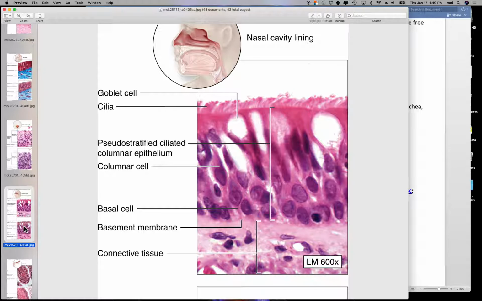So how do you name this tissue? Well, nobody can agree on what order the words go in, so I don't really care. I usually like for you to use all four because it tells you everything you need to know. Ciliated, pseudostratified, columnar, epithelium. I don't care what order those go in because nobody is particularly consistent about the order, right?